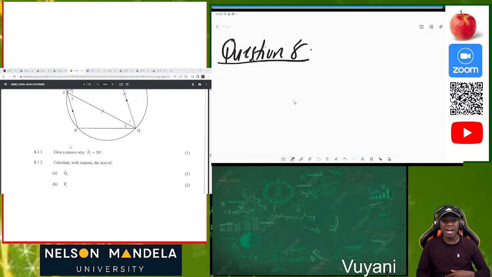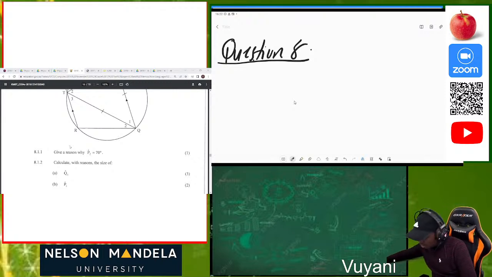We see that they are parallel lines, but why is P2 equal to 70 degrees?